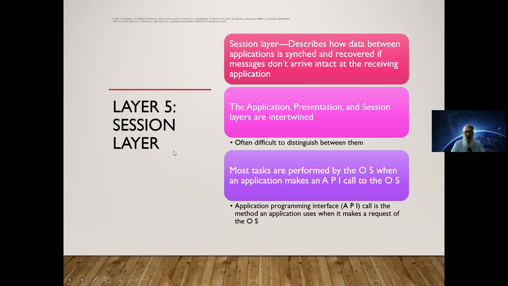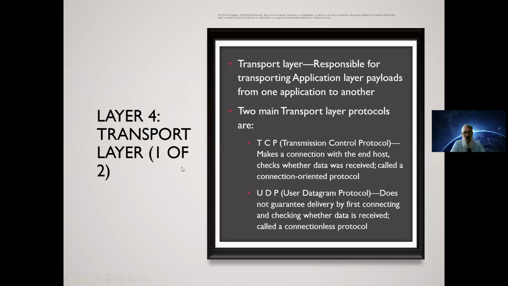Layer 5, the session, is where the applications are synced, right? So again, if you're using the TCP model, these would all be collapsed together. That's all done together, and we don't even divide these out. And so that's why it says it's kind of hard to distinguish between them. They are intertwined, and in at least one model, they're all put together.